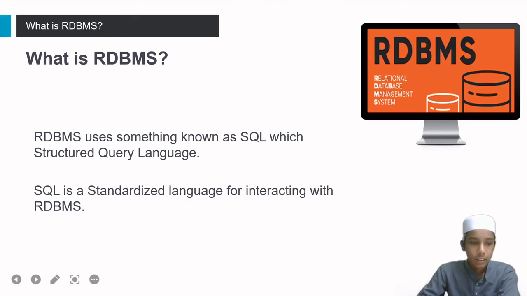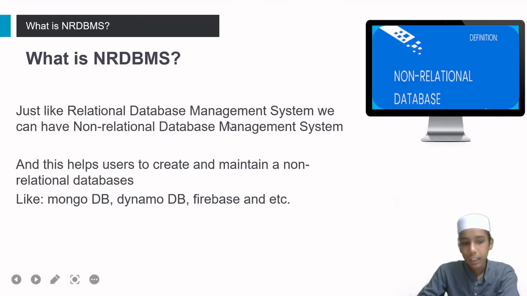So now, just like RDBMS, Relational Database Management System, we can have a Non-Relational Database Management System. In short form, it's known as NRDBMS. Till now we have learned about what is data, what is a database, what is DBMS, and the advantages, characteristics and disadvantages of DBMS.